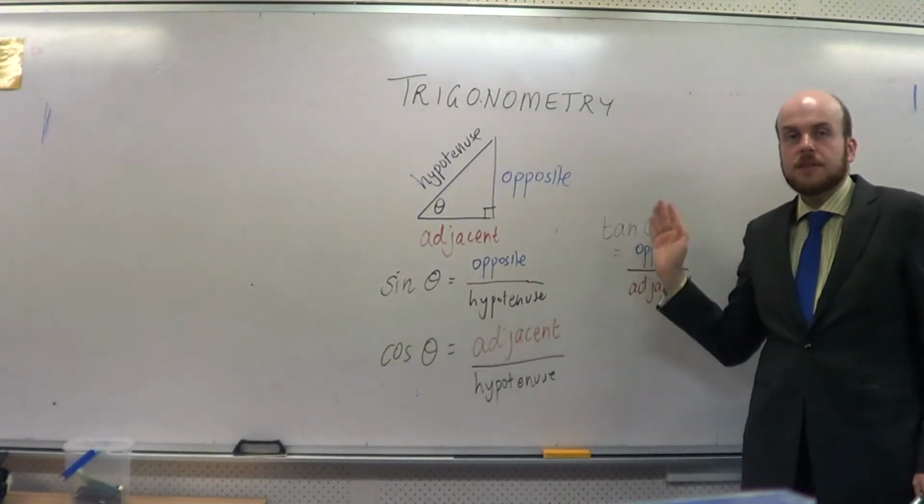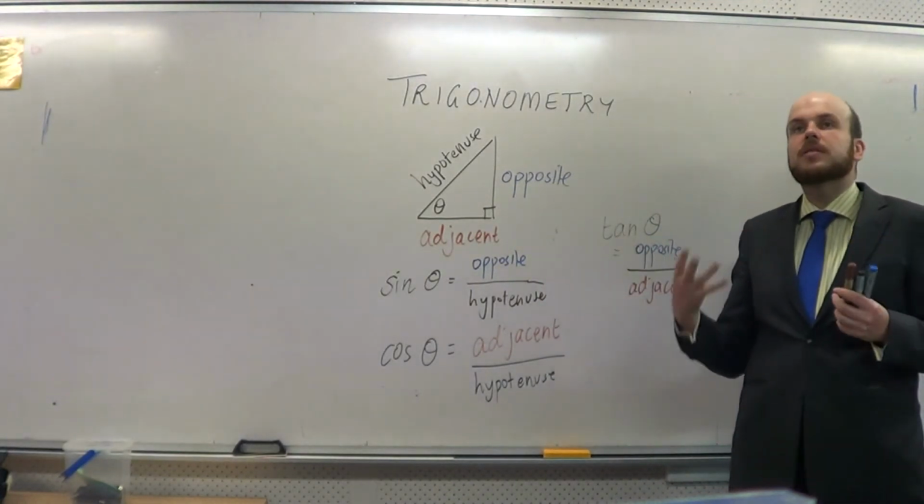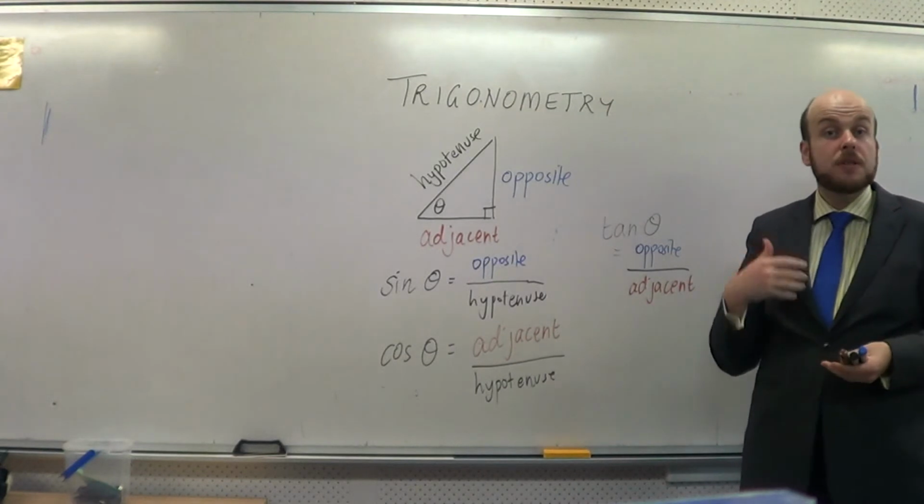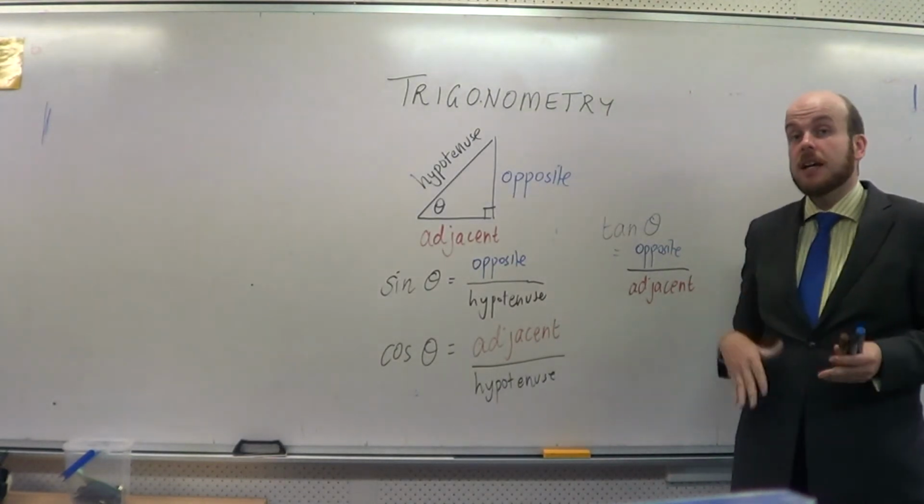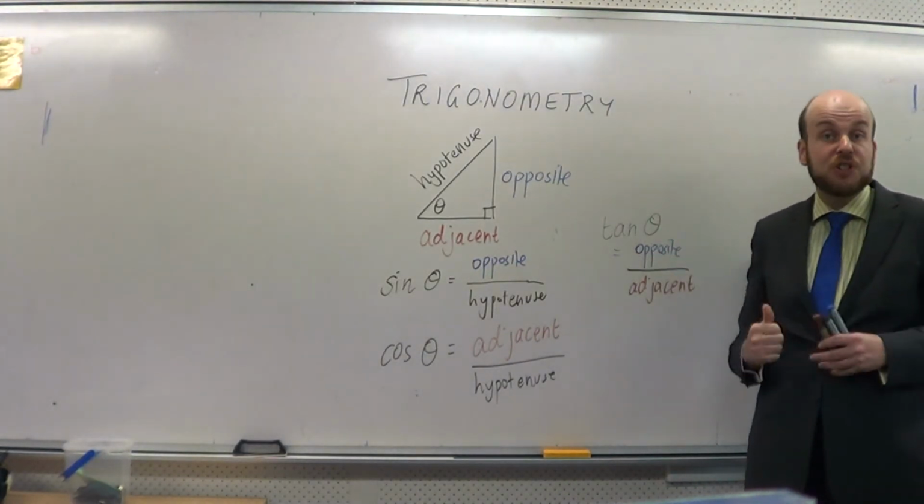Sine, cos and tan are, I suppose you could say, just different ratio types. In other words, they find the same answers except only if you're dealing with certain sides.